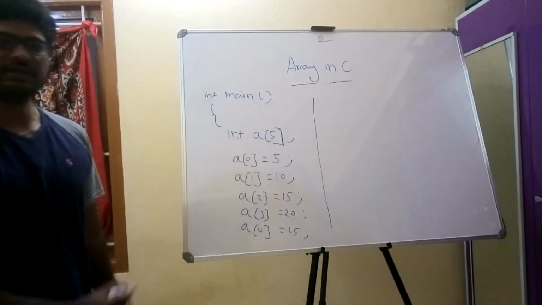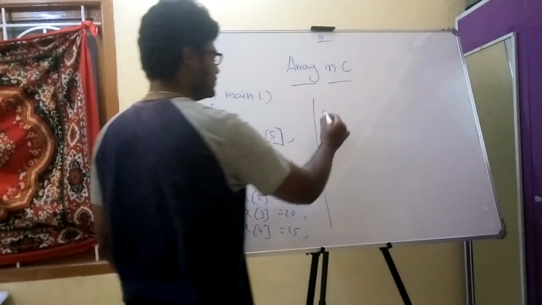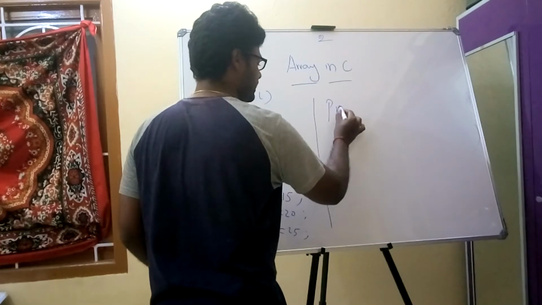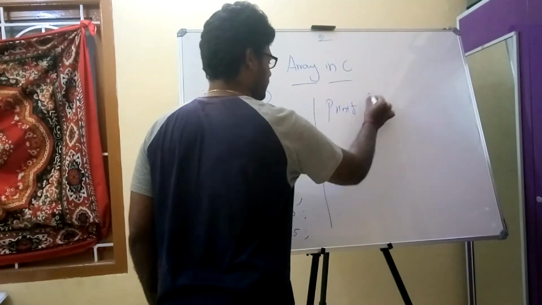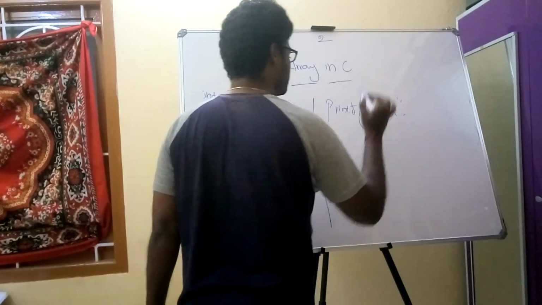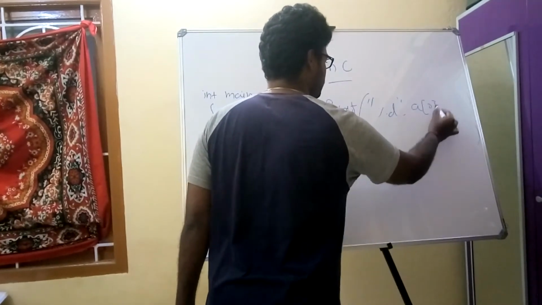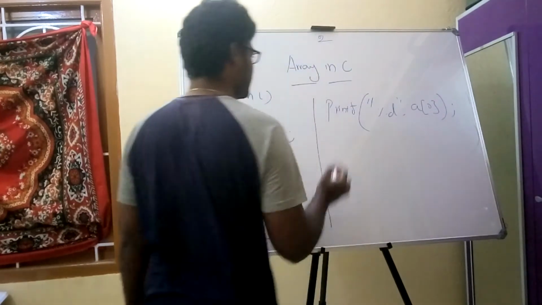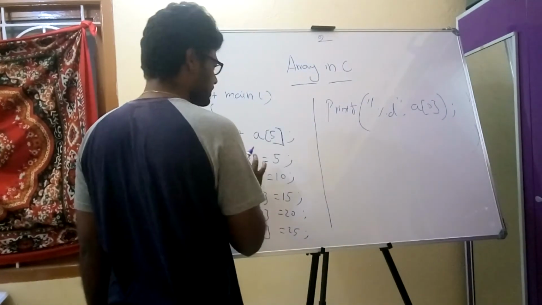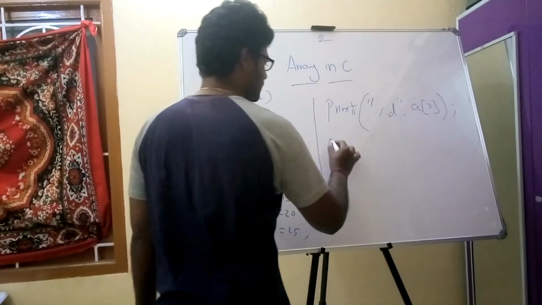And how to print these values using C language? Using the printf statement. printf of, it is an integer, so %d comma a[0]. By this statement I can print the first location element, that is 5.